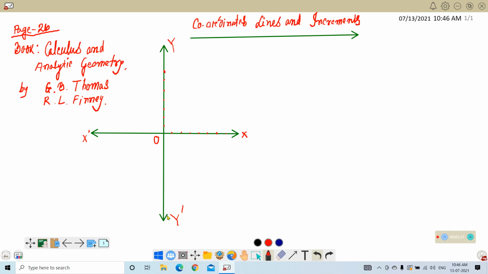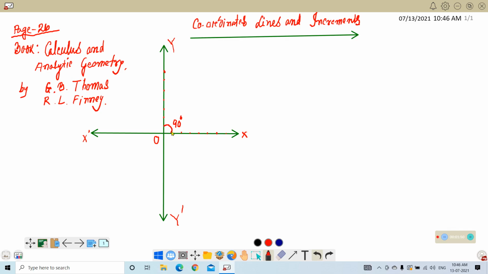In Cartesian coordinates, this is the x-axis and this is the y-axis, and these two axes are perpendicular to each other. That means this angle is 90 degrees. And we have divided this line into different sections.